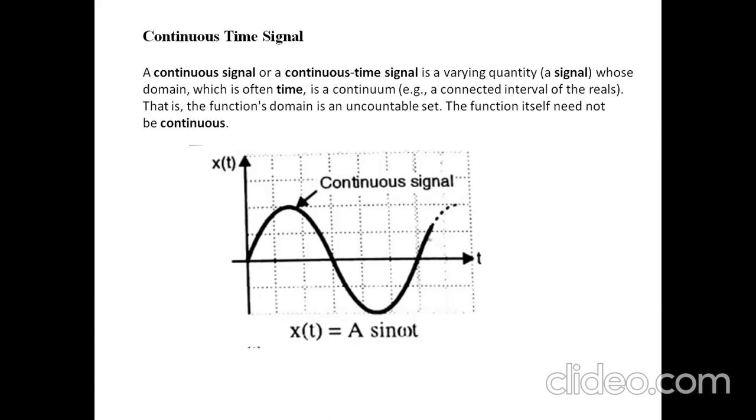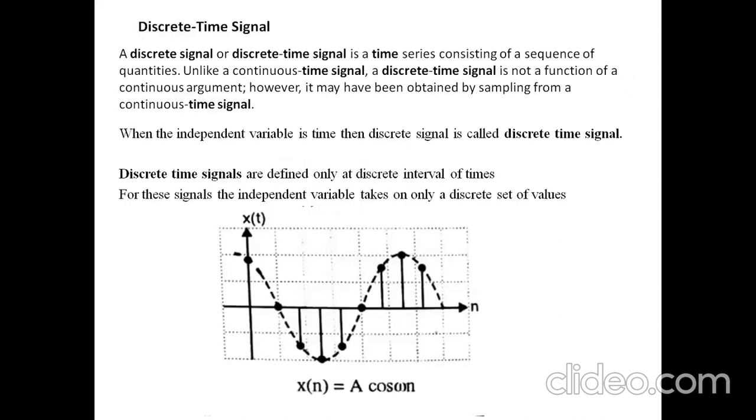Now the second point is discrete time signal. Discrete time signals are defined only at discrete intervals of time. For these signals, the independent variable takes on only a discrete set of values. In the graph here you can observe the discrete time signal is shown.